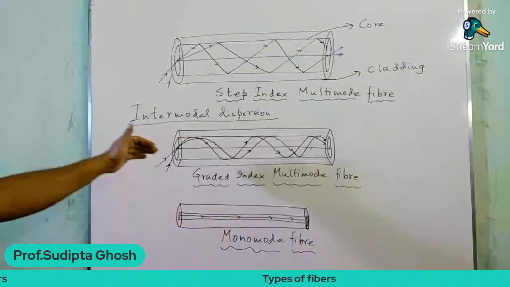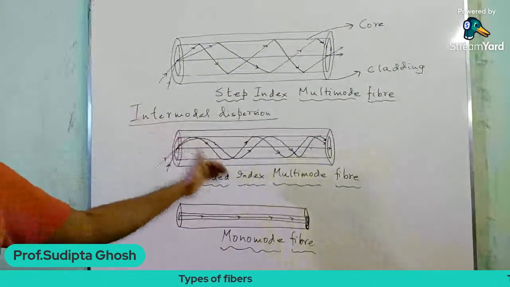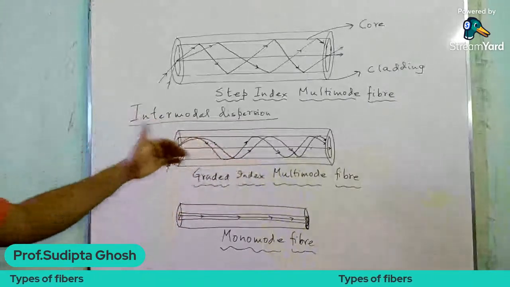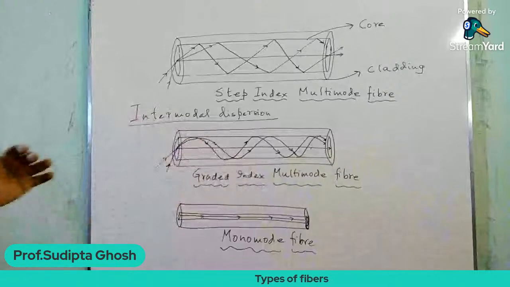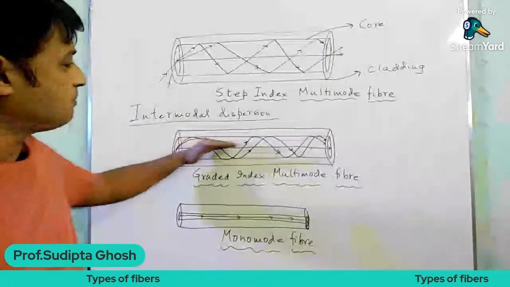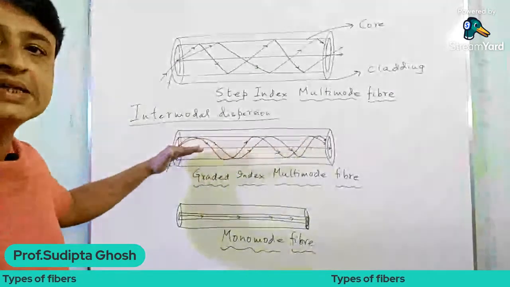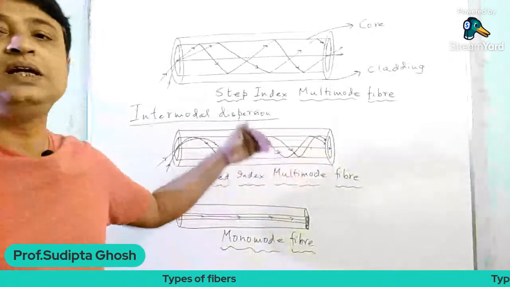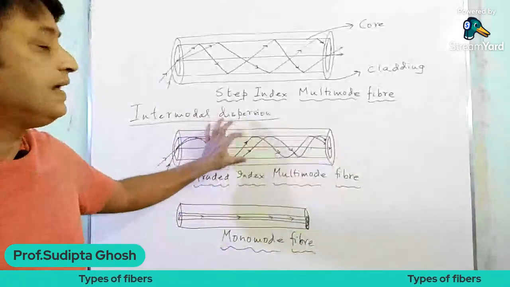Here you may consider what a graded index fiber is. I have already told you that in the graded index fiber, the refractive index of the core is maximum at the center of the axis, and then it reduces gradually towards the core cladding interface.